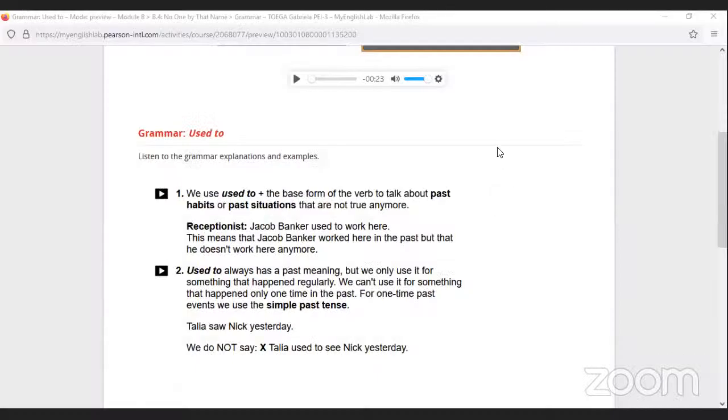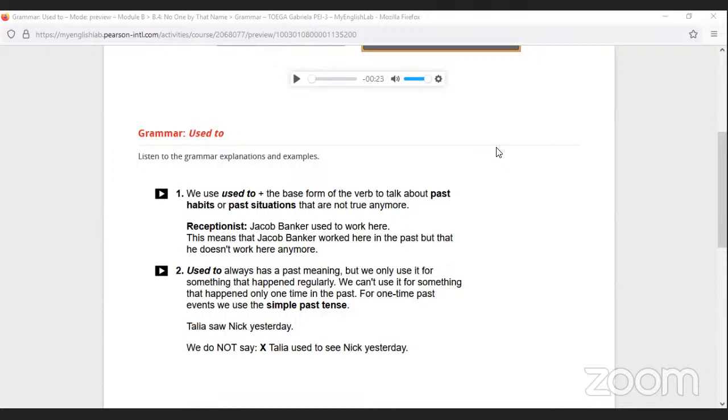Okay, so let me go to used to. This grammar, used to, we will use it for saying actions or activities that we did in the past, but in the present, right now, we don't do it anymore.